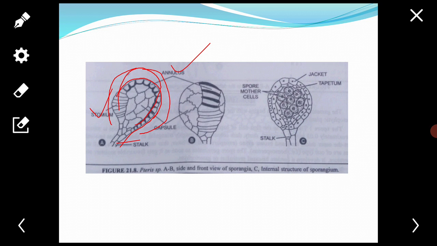The stomium consists of four transversely elongated thin walled cells.